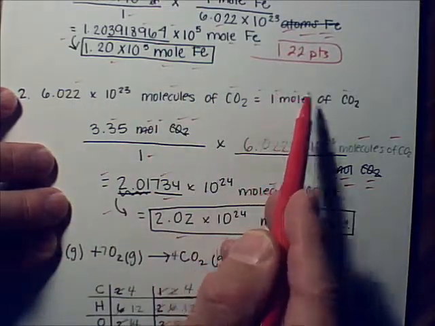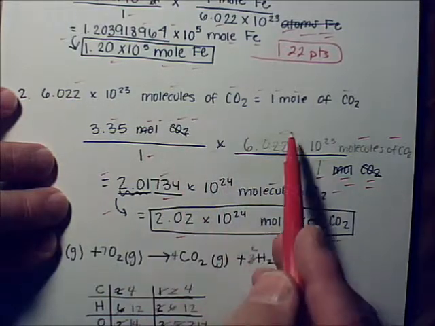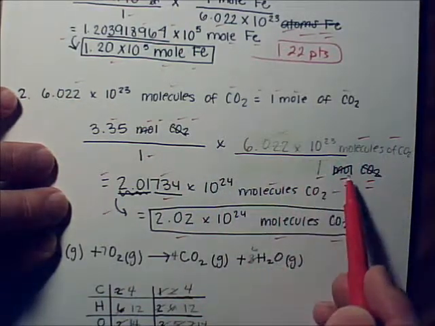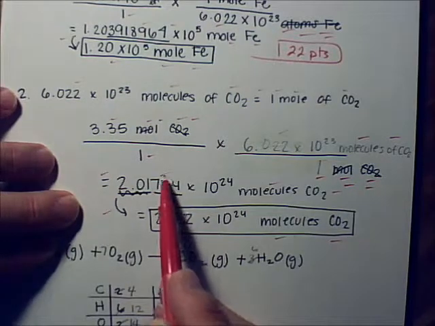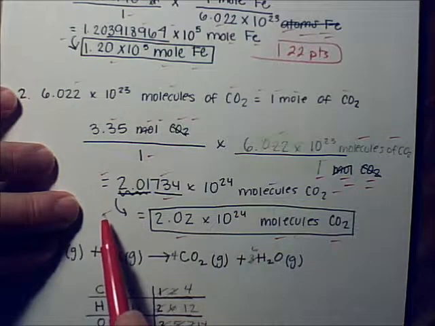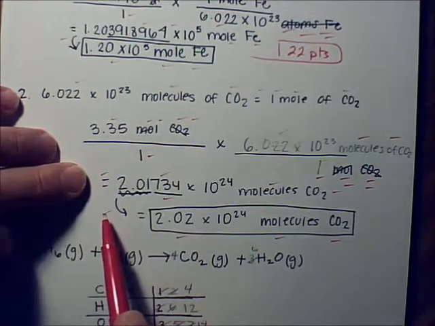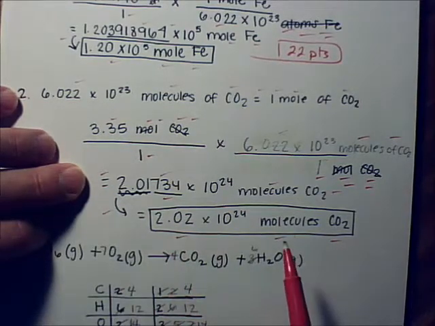1, 2, 3, 4, 5, 6, 7, 8, 9, 10, 11, 12, 13, 14, 15, 16, 17, 18, 19, 20, 21, 22, 23, 24, 25, 26. I didn't count the equal sign, did I? 27, 28, 29. I think it's 30.